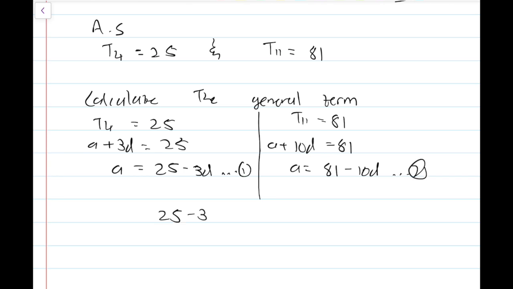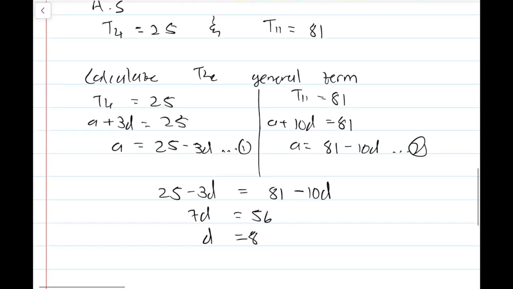So 25 minus 3D is equal to 81 minus 10D. Now we take the minus 10D onto the other side to make it positive, which gives minus 3D plus 10D, which is 7D. And 81 minus 25 is 56. 56 divided by 7 is 8. So 8 is our difference.